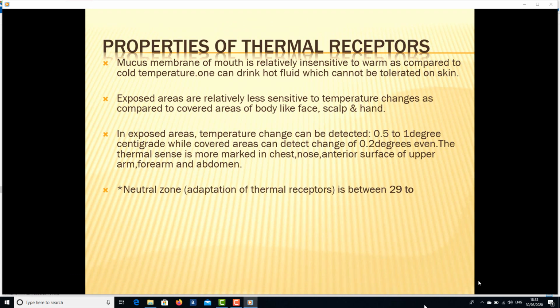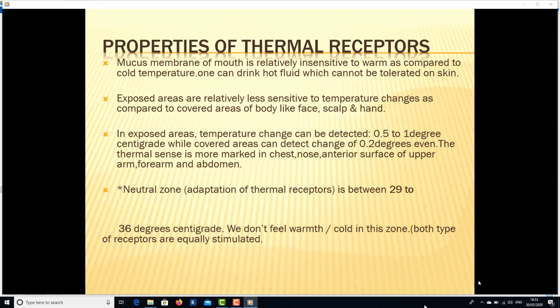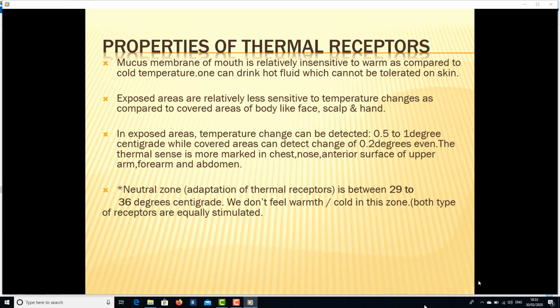So we have the neutral zone as well, and that is between 29 to 36 degrees centigrade. Dear students, this neutral zone is very important because it is frequently asked what the neutral zone of temperature is, and the answer is 29 to 36 degrees centigrade.